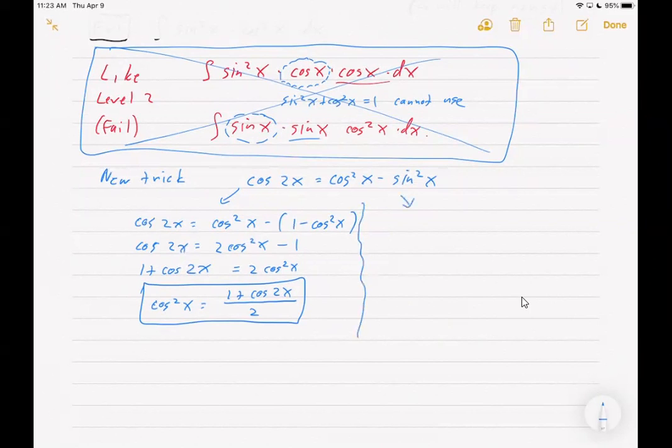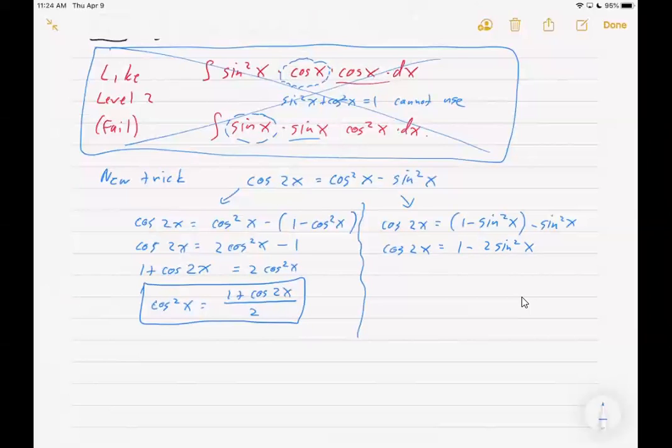The other way I could have gone, I could do exactly the same thing. I'm going to go a little more quickly this time. I could have rewritten the cosine as 1 minus sine squared. Okay, therefore the cosine of 2x would be 1 minus 2 sine squared of x.